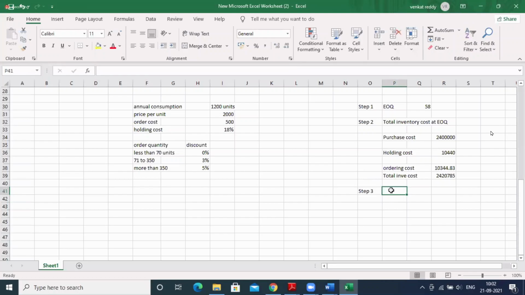Now, here you need to calculate the total inventory cost at 71. It means now you need to consider 71 units. So by considering 71 units, calculate the total inventory cost. So now what will be the purchase cost?